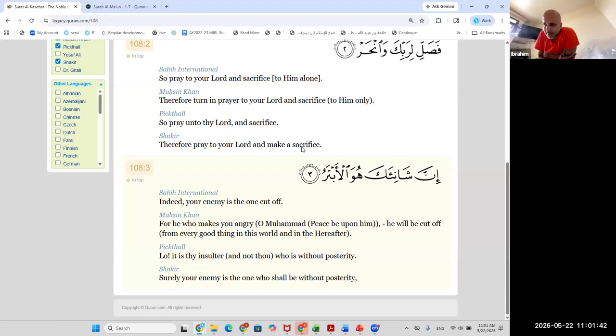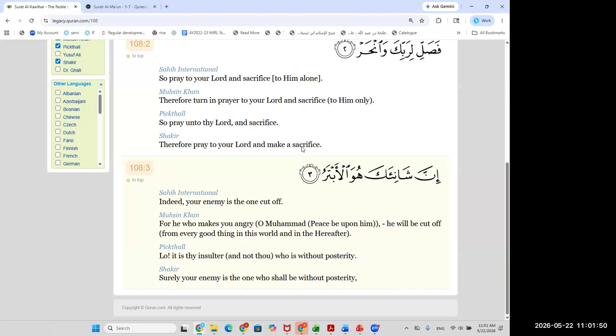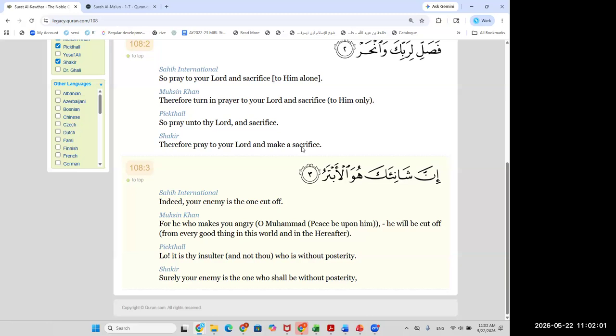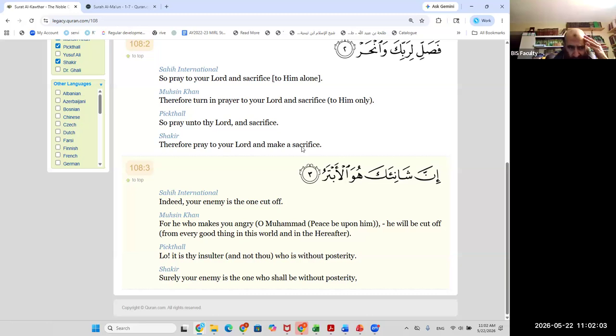Description of the mubtada is called the sifa. But not in this case, it is the khabar. Let's not say description, but information about the mubtada. So it's khabar. Inna shani'aka al-abtar. The insulter is the abtar.